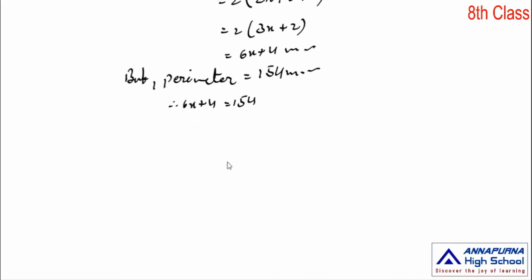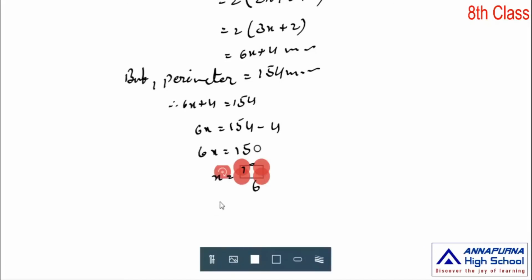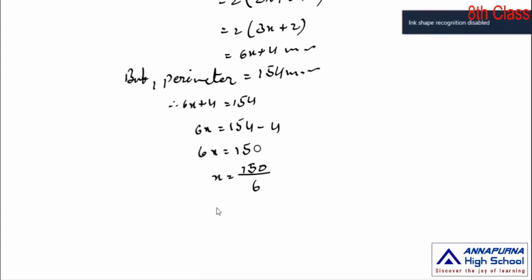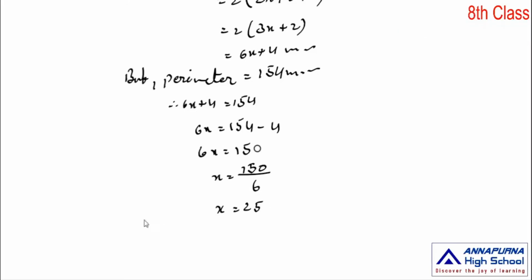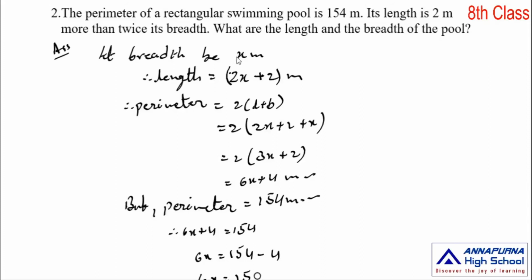Now solve this equation. First transpose this 4 to the right side. So 6x is equal to 154 minus 4. 6x is equal to 150. x is equal to 150 by 6, value is 25. So what is x? Breadth is x.